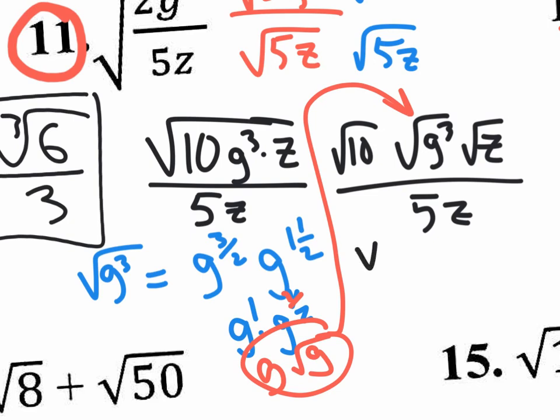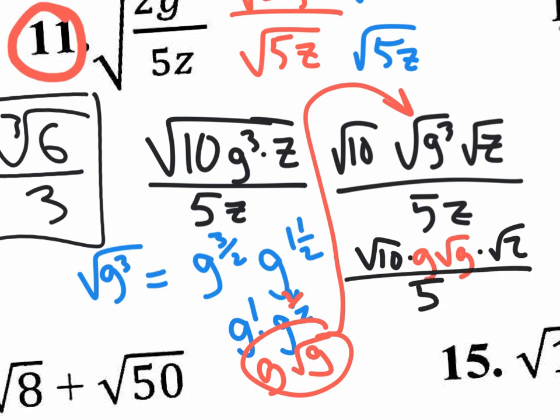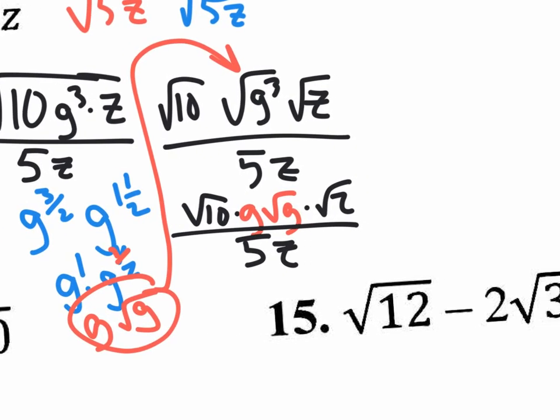So I'm going to have the square root of 10 times g square root of g times square root of z over 5z. And now what I'm going to do is just rearrange everything.